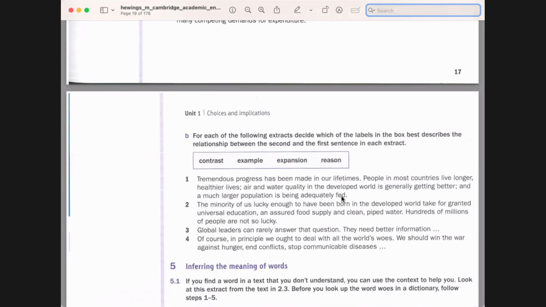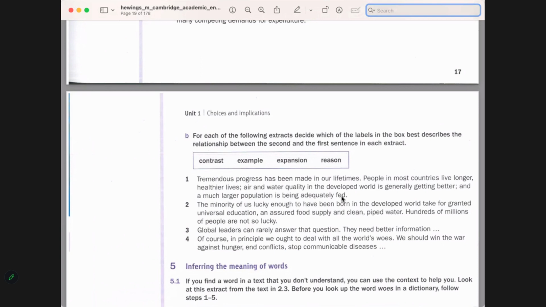Expansion. It's increasing some sphere of situation. Or giving more details. Yeah, giving more details, especially while dealing with complex issues. And reason we have already.